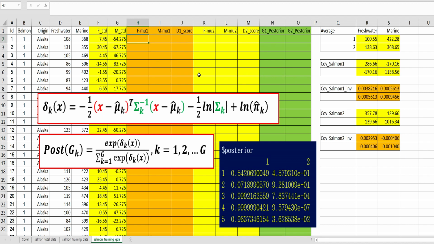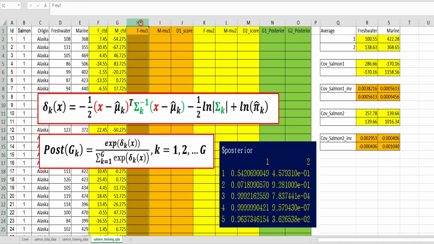So for column H, it means freshwater minus mu1, this one. Okay. So again, same approach. We can select age group by using column B information. Okay.